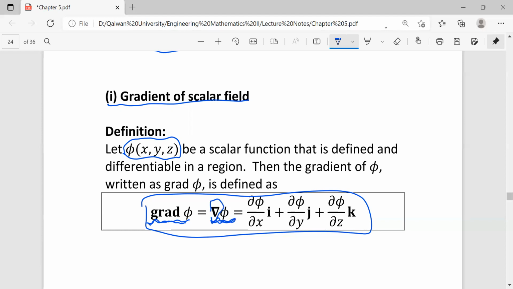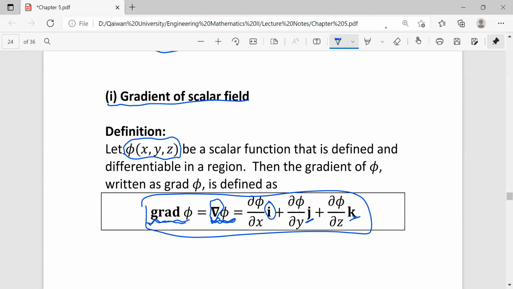This symbol is read as del or nabla. It equals the partial derivative of the scalar field with respect to x times i, plus the partial derivative with respect to y times j, plus the partial derivative with respect to z times k.